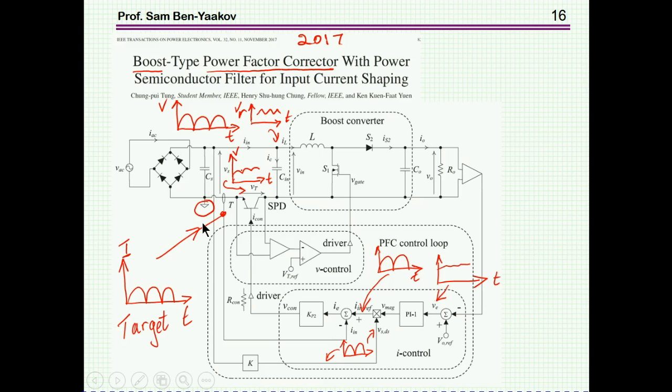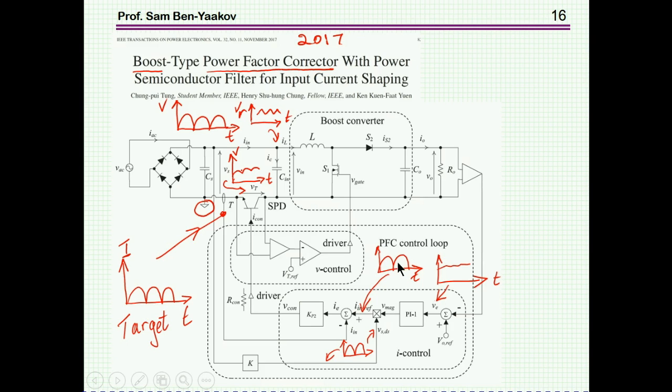So you sense this waveform, half wave rectification, and you multiply it to generate this half wave waveform, whose height depends on the error signal. The larger the error signal, the larger this height.